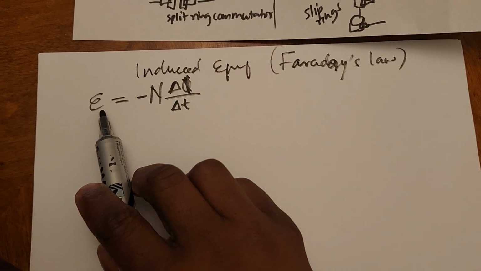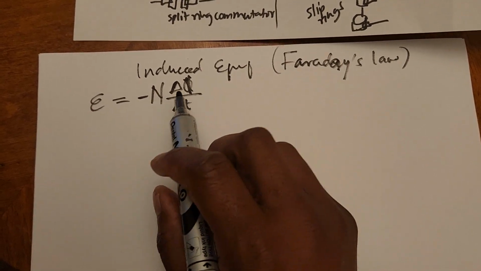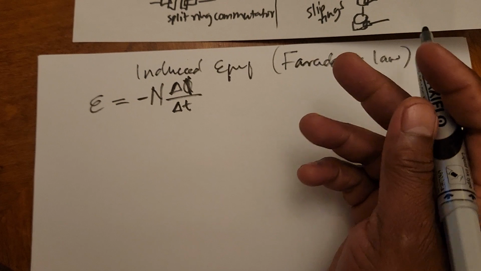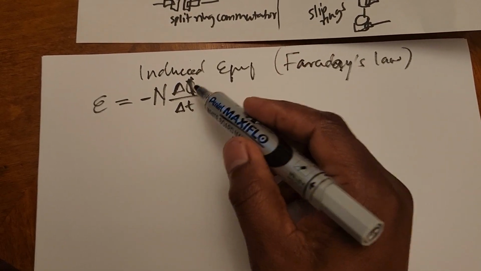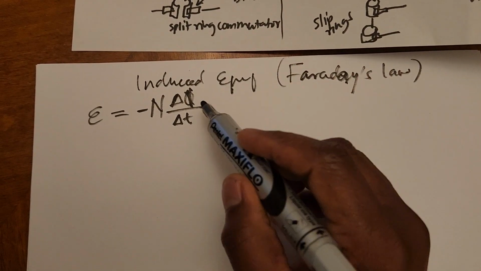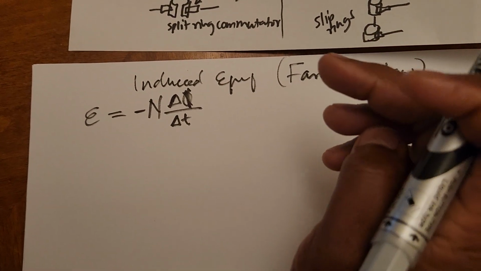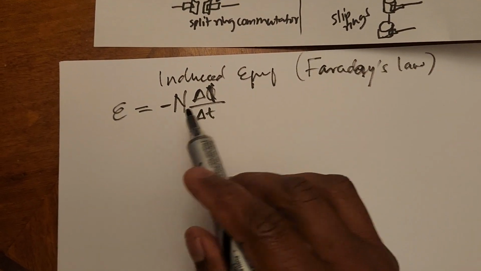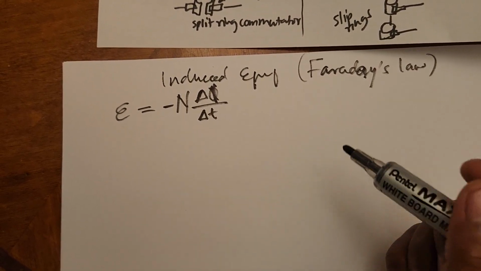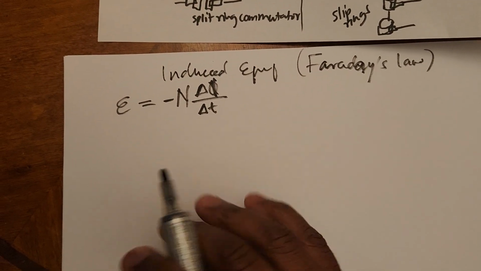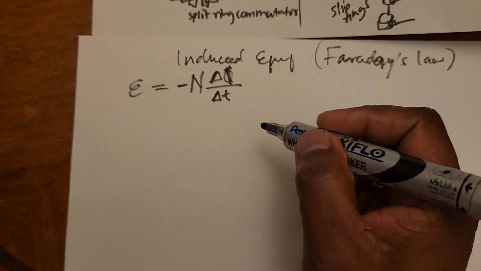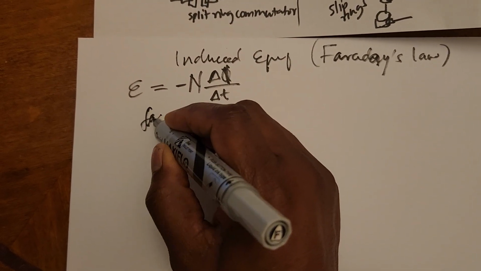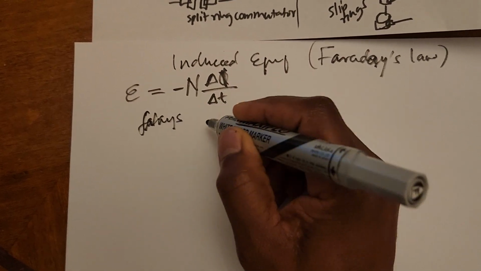The induced EMF in a generator is directly proportional to the rate of change of the magnetic flux linkage, which is your delta phi multiplied by N, negative N, that's your flux linkage.